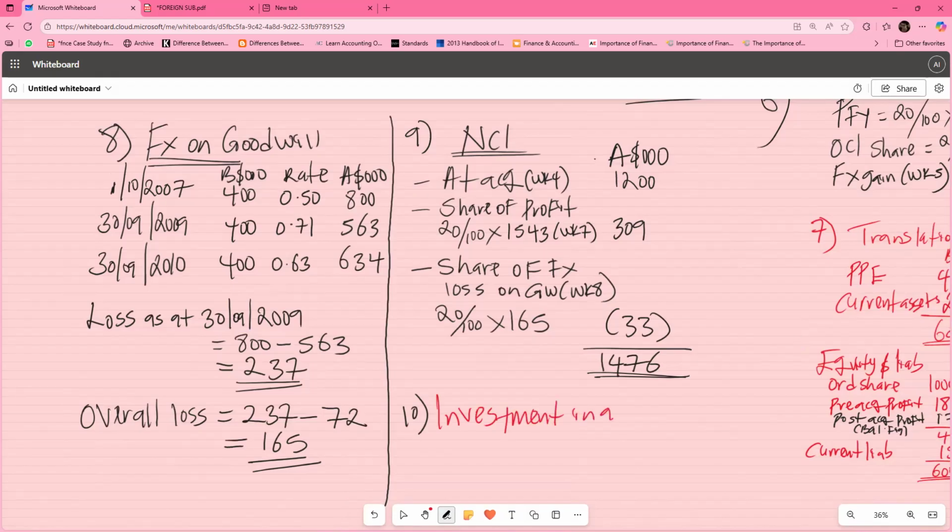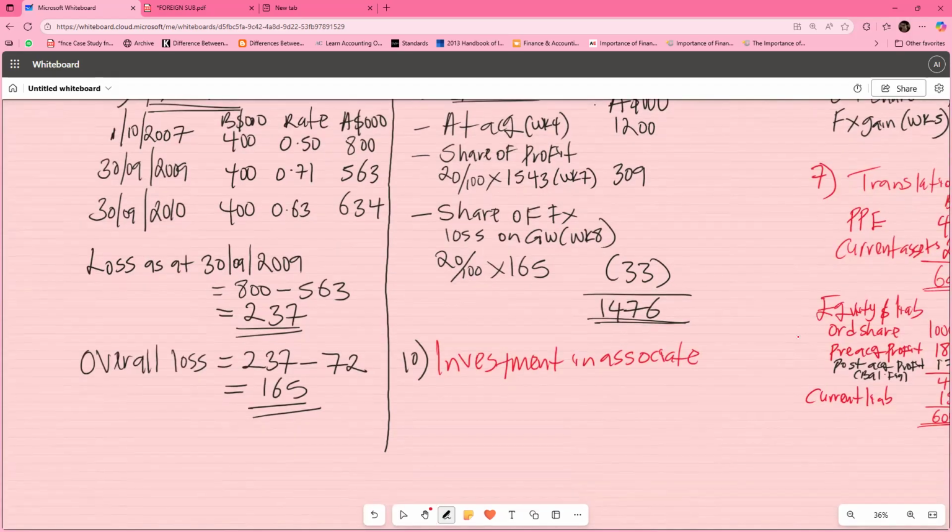Always make your CRE, your consolidated retained earnings, the last. So the next thing we'll do, just like what you have in your format, is at cost. How much does it cost you?